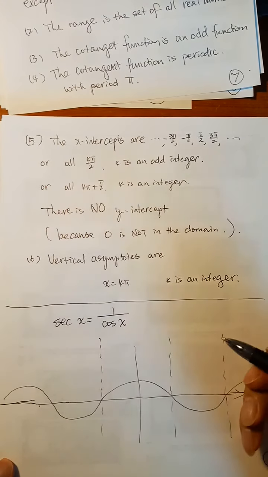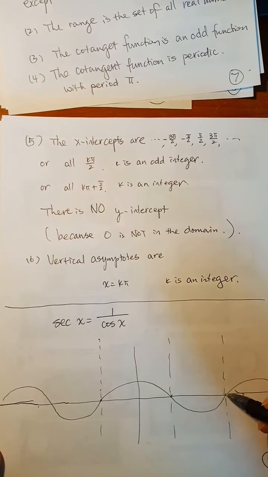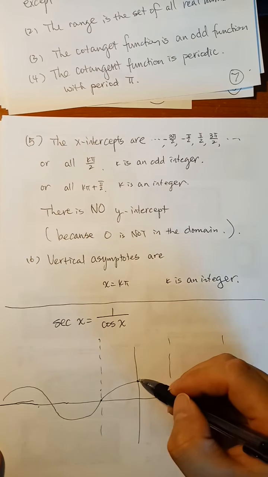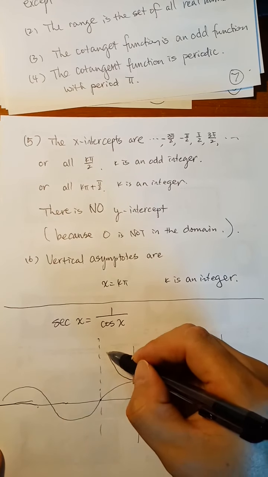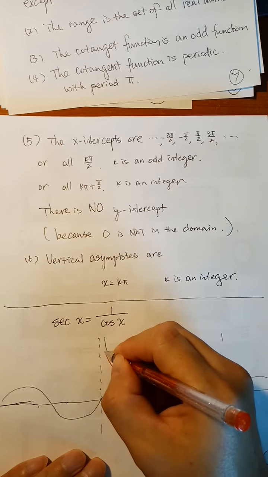0 has no reciprocal. Okay, so those points will be undefined. And when you flip 1, you get a 1. When you flip 1/2, you get a 2. So when you repeat that process, you will see that this branch, let me use another color, will be the reciprocal graph.